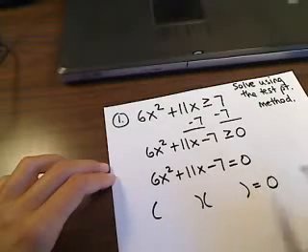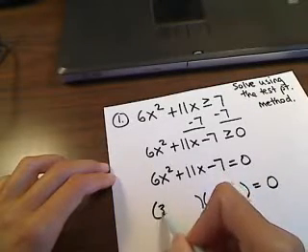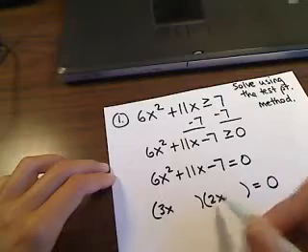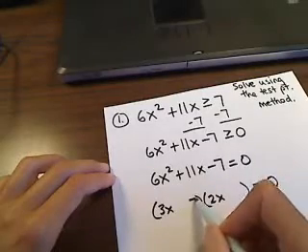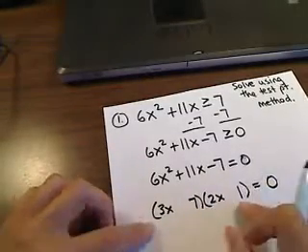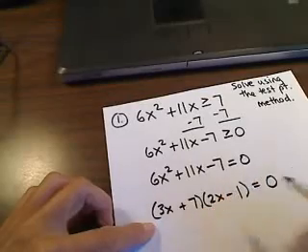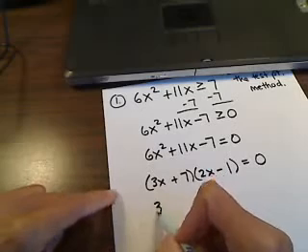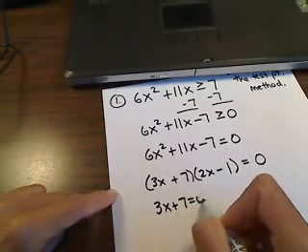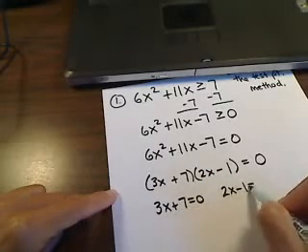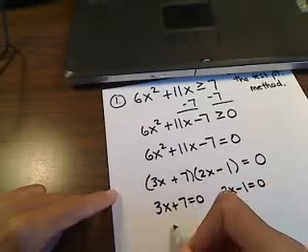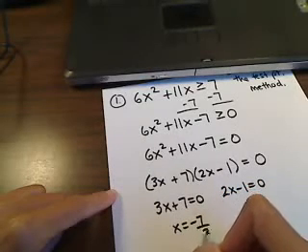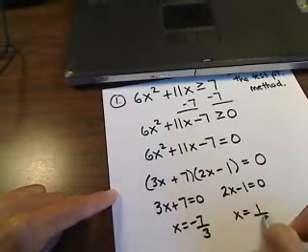Okay, so if I factor this, it's going to factor into 3x and 2x and 7 and 1, positive and negative. If we solve that, we set 3x plus 7 to 0 and 2x minus 1 to 0, and solving these, you get x is negative 7/3 and x is 1/2.